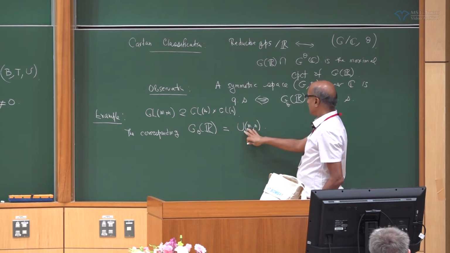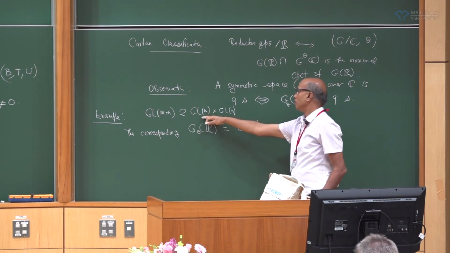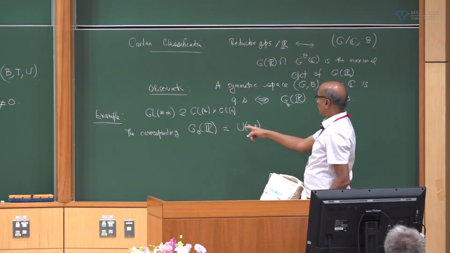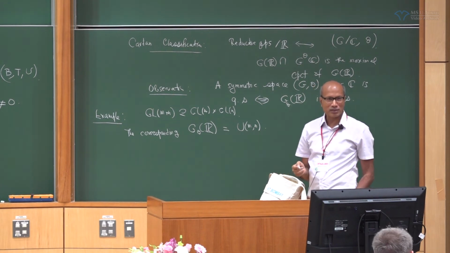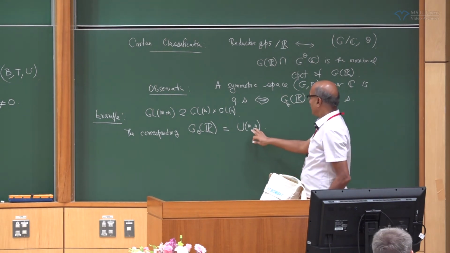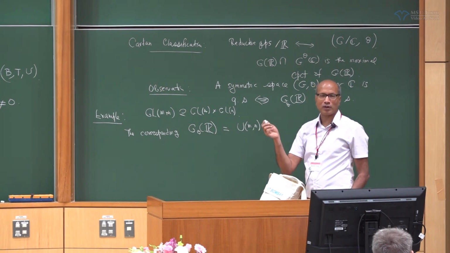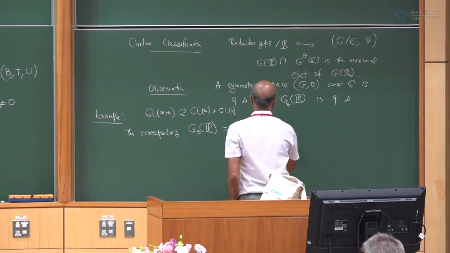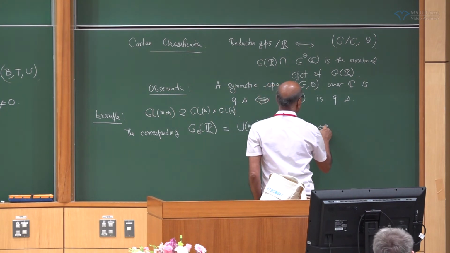So its maximal compact is U_m cross U_n, which is a form of this GL_m cross GL_n. So now we are in the classical situation of knowing that this group U(m,n) is quasi split if and only if |m-n| is at most one.